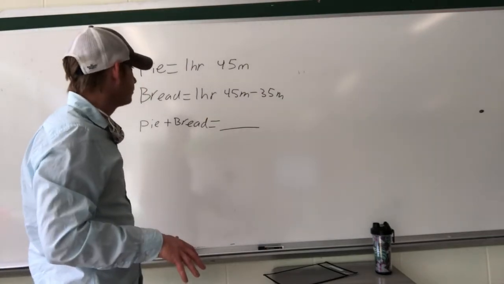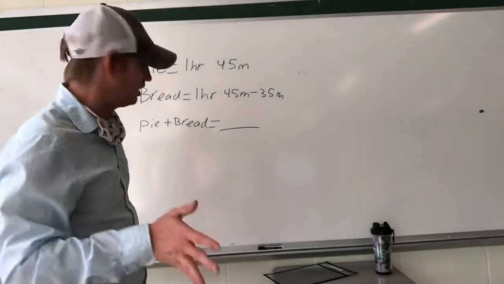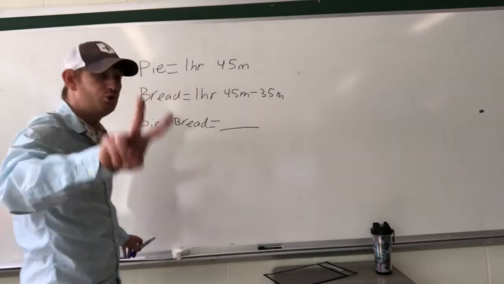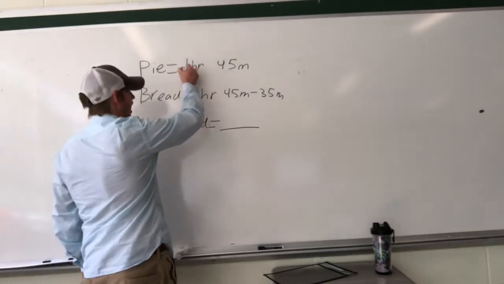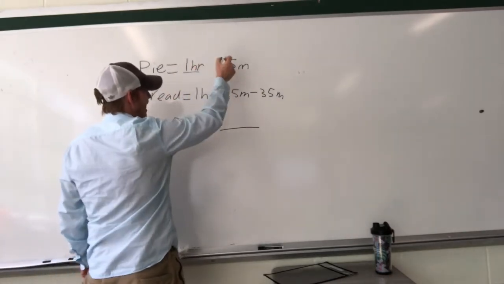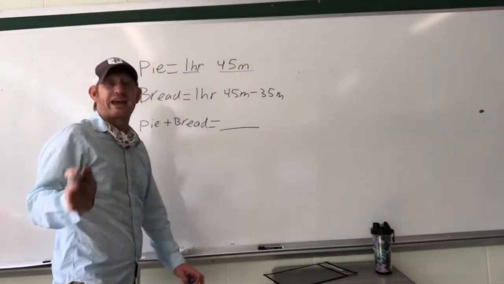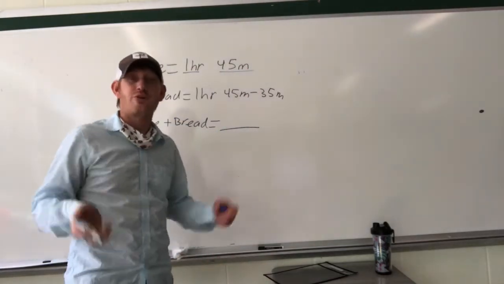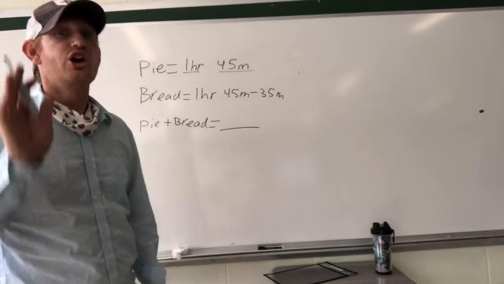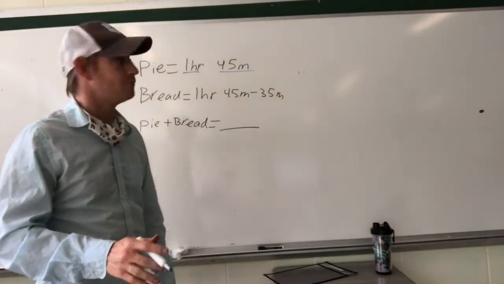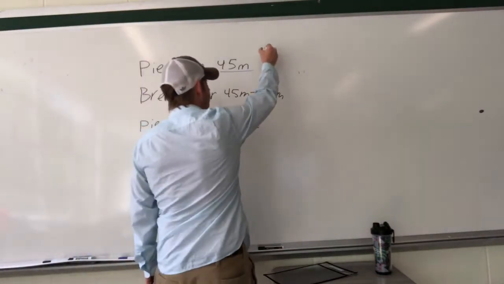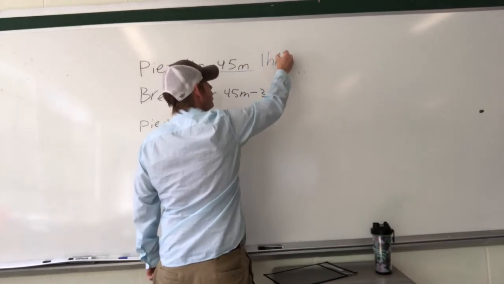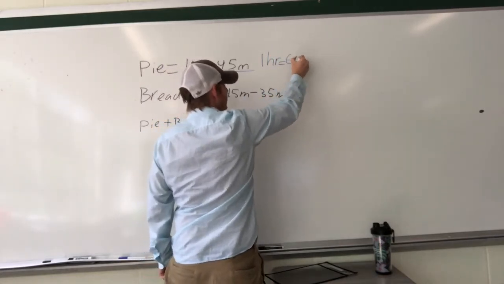Well, the first thing that I notice is that I have two different types of units here. I have hours and I have minutes. And that can make it hard to add or subtract when I'm dealing with different units. So I want to make them the same unit. And what I know is that 1 hour is equal to 60 minutes.